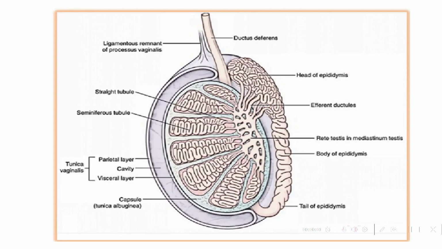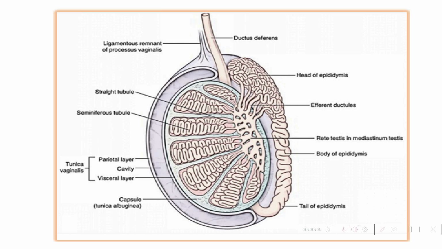In the previous slide, we learned about the outer side of the testes. Now we will see the inner structure of the testes. This is the sagittal section of the testes.